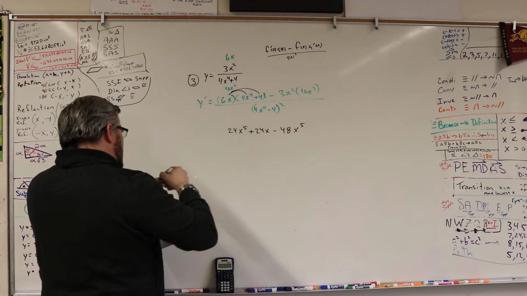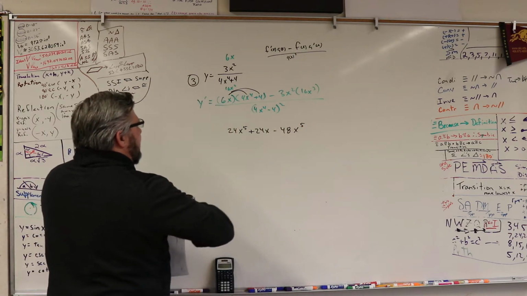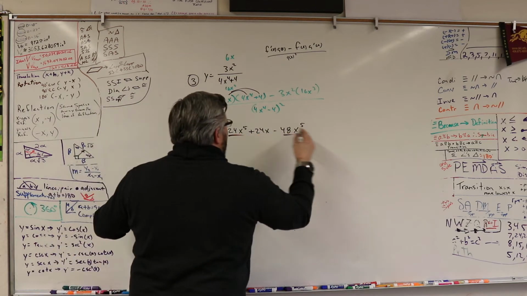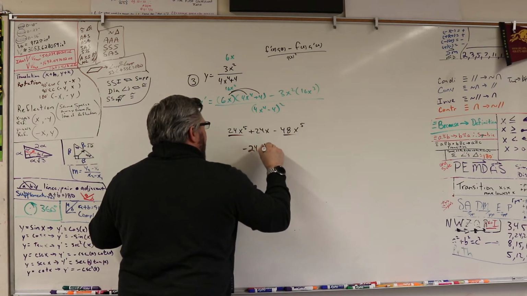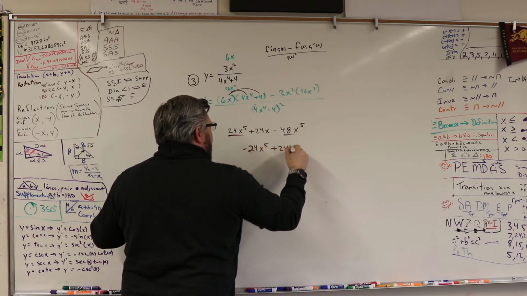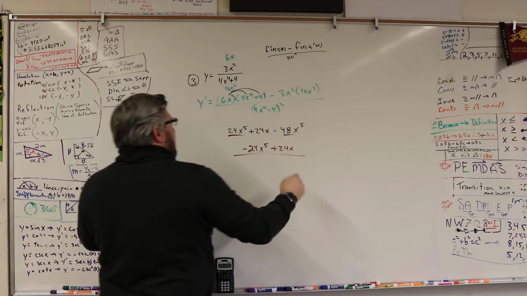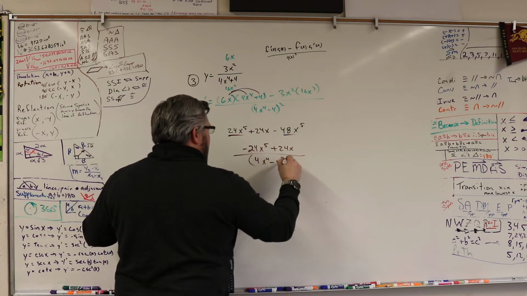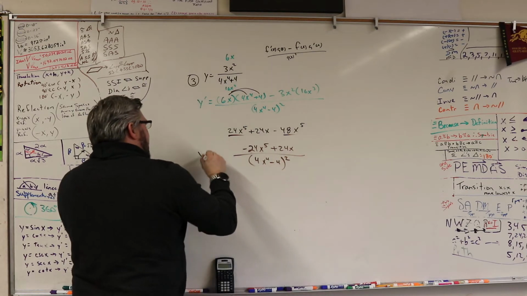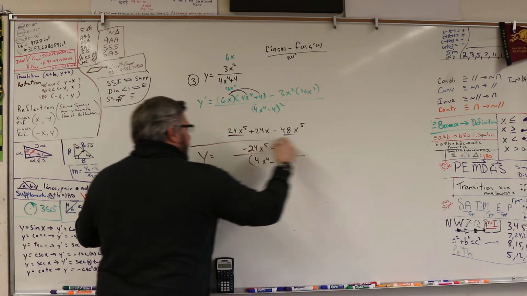Then we want to see, is there any x's to the fifth together? And there they are. Boom, boom. So we got minus 24x to the fifth plus 24x all over 4x to the fourth minus 4 all squared. And that is your y prime.